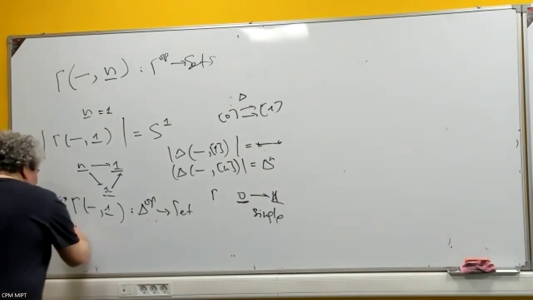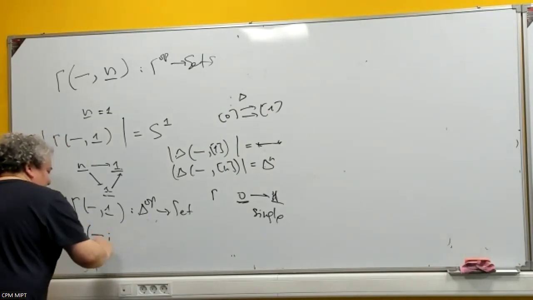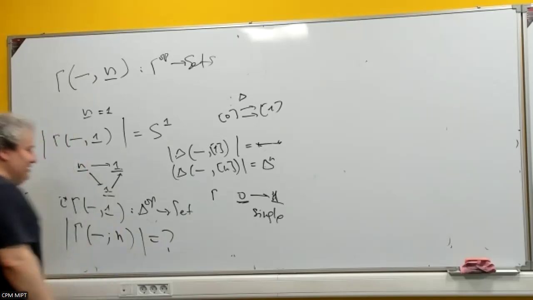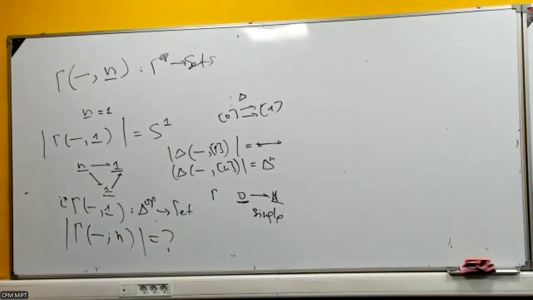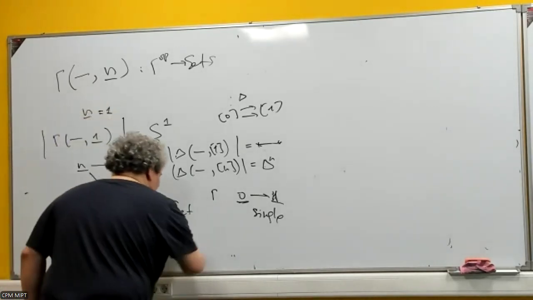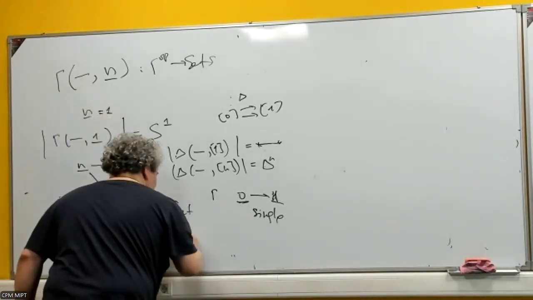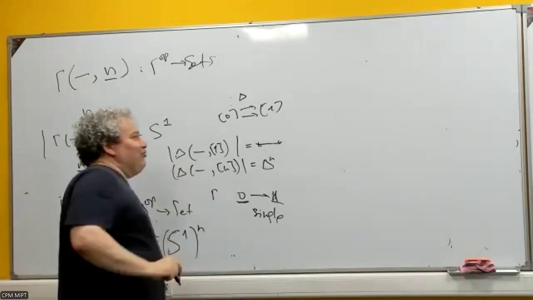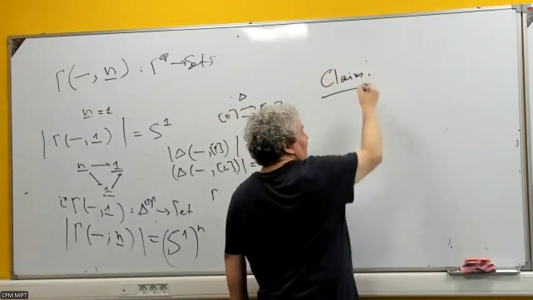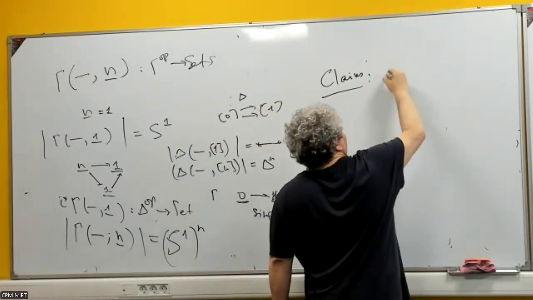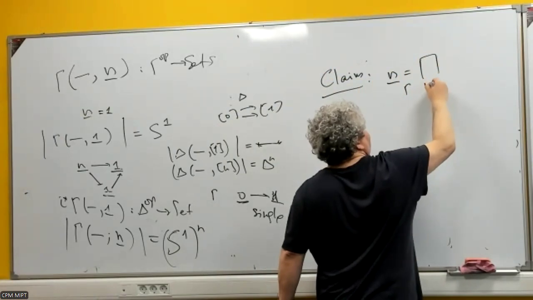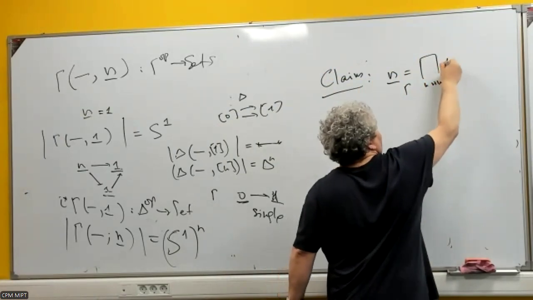Okay, that's fine. Now let me take a more complicated task and ask what this is. It's actually S^1 to the power n. So how to prove it? The claim, which is Anderson's claim, is that in gamma, n is actually a product of n copies of the element 1.